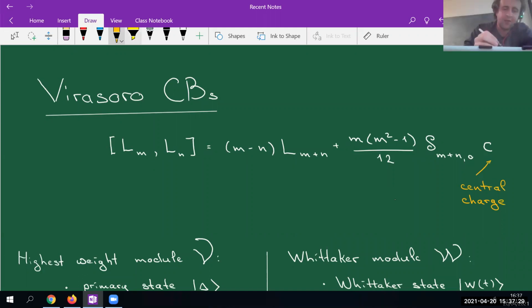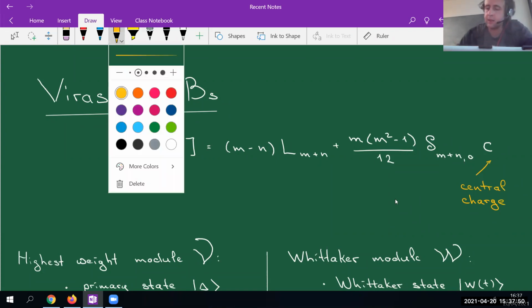Okay. Thank you. So we start just from the Virasoro algebra, which is a Lie algebra with an infinite number of generators labeled by integers. So we have these L_m, which satisfy these commutation relations.